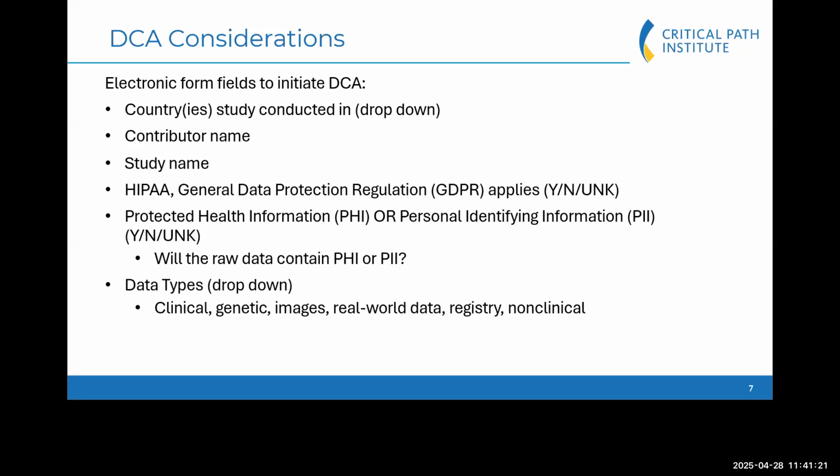Some of these things have to be considered, and whether it contains PHI or not, the data has to be completely de-identified, and the different types of data are in a drop down to ensure that the considerations for sharing and transfer can be very transparent in terms of the transfer process. Next slide, please.